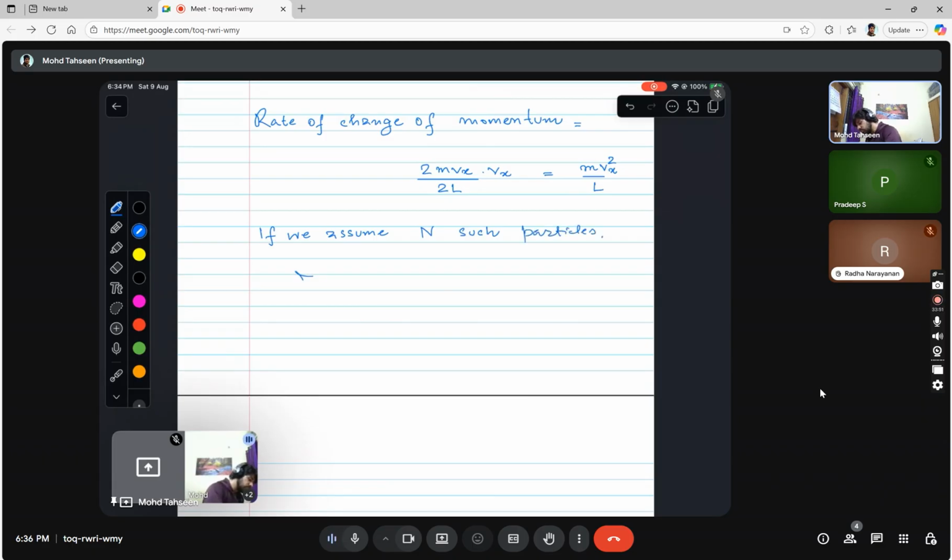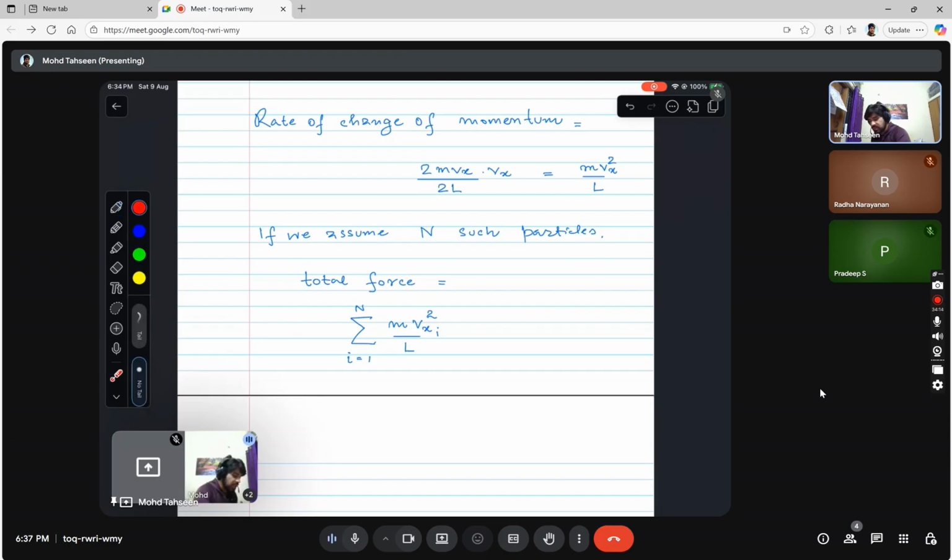then the total force will be the summation, where i runs from 1 to n, of m vxi squared upon L, right?